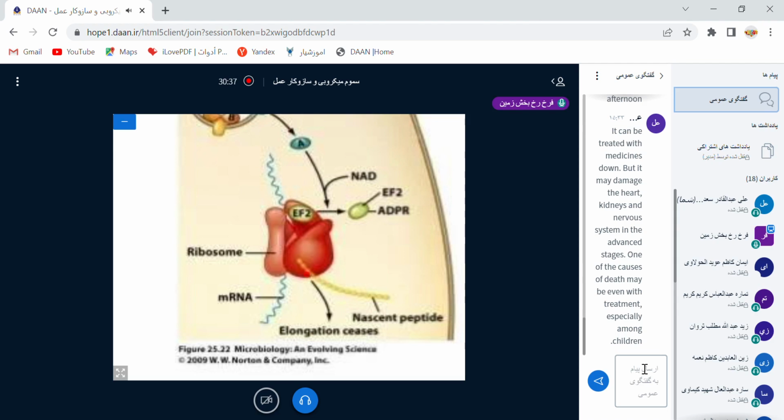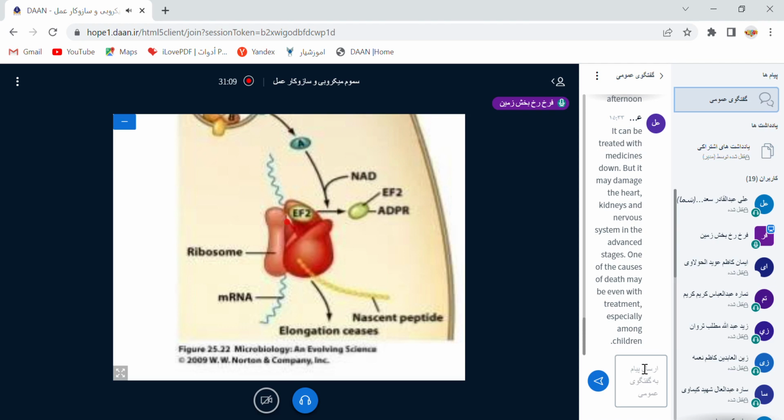So these are amino acids, a polypeptide is forming, and the A subunit finds EF2 and stops it. So when EF2 is stopped, movement of the ribosome on mRNA is not possible. So it stops protein synthesis also.